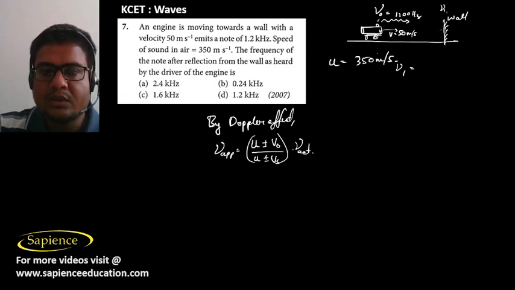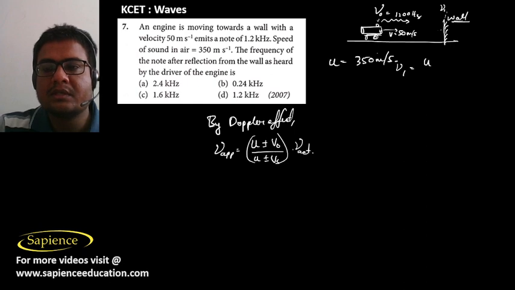So nu 1 will be equal to u by... if we have to find the frequency with respect to the wall, the observer is now the wall, and the source is moving towards the observer.